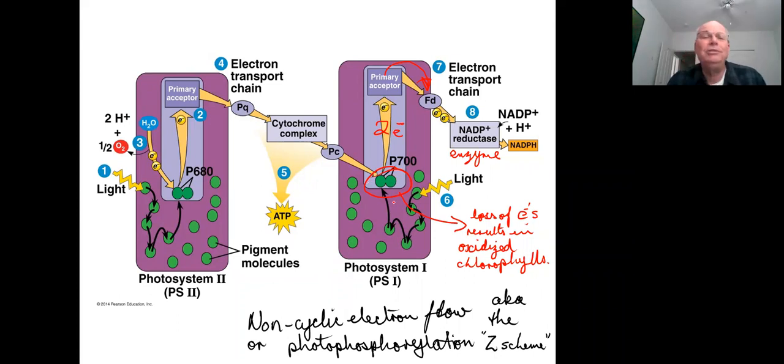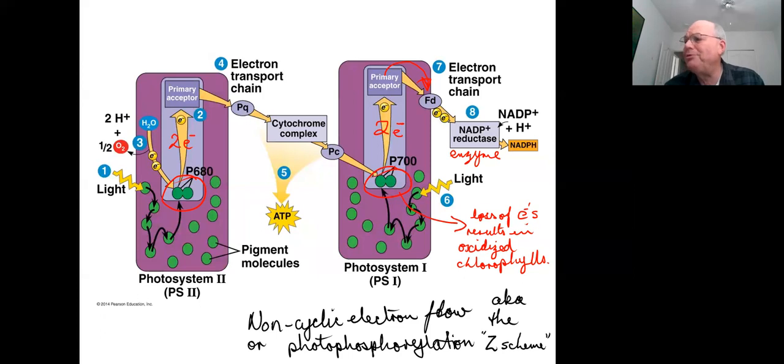Why is that important? Because oxidized chlorophyll cannot generate more high energy electrons. Only the reduced chlorophyll can do that. So we need to reduce the P700 chlorophylls back again to their reduced form, but that requires electrons. So the electrons for the reduction of the P700 originate over here in P680. When P680 gets energized by light energy, it also produces a pair of electrons.